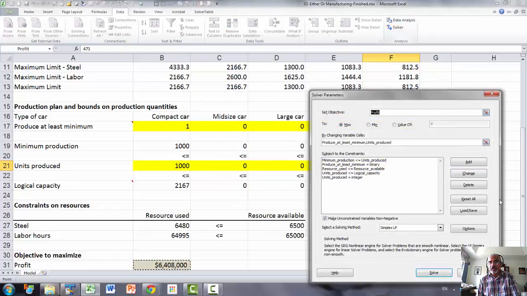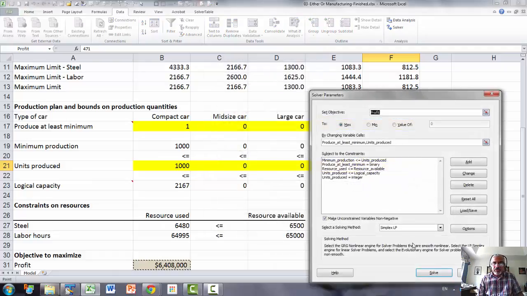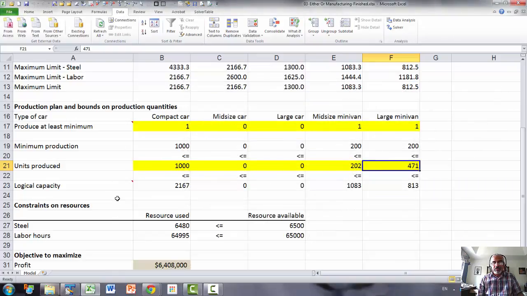And we need to make sure that the options are set properly. Okay, so let's ignore constraints and let's make that into 0. Whether that makes a difference or not, no. Alright, so that's our solution.